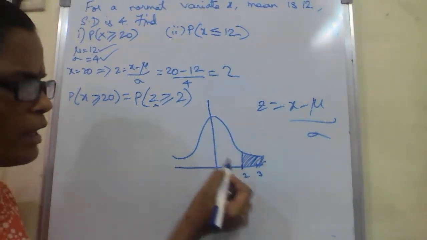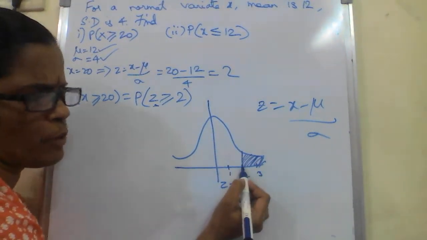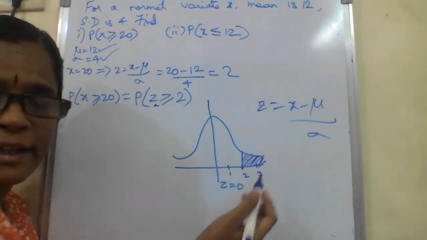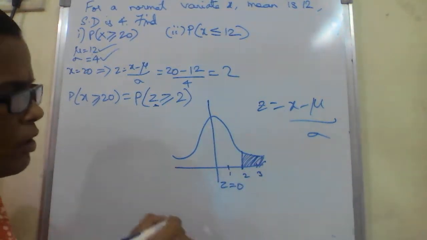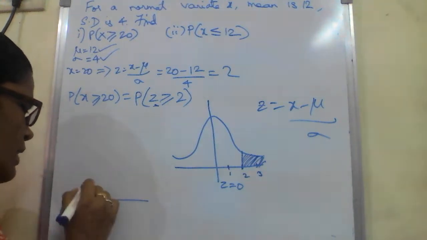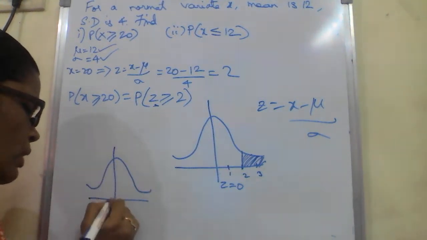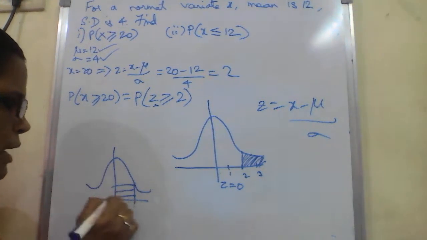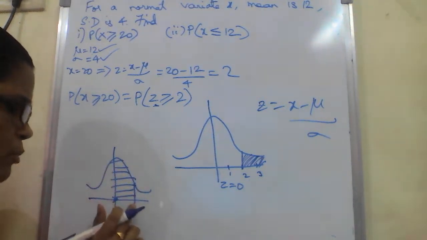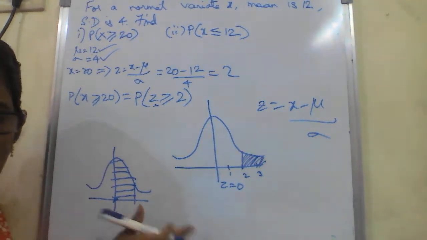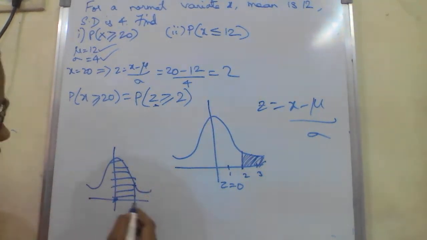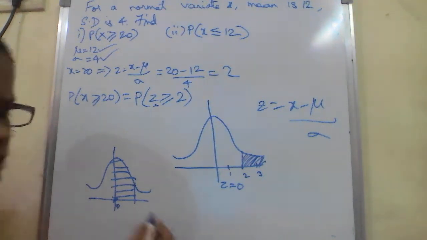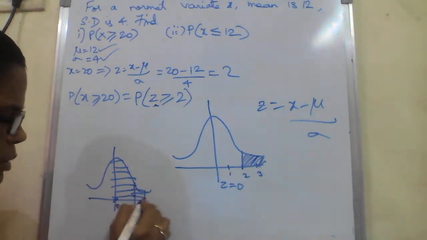So if I want the value from 2 and more, I can't get it from the table, because in the table you can only get from 0 to 2. This part I can get, but from 2 to something else you can't get. All the values are from 0 to whatever you want, 2, or if it is 3, up to here.